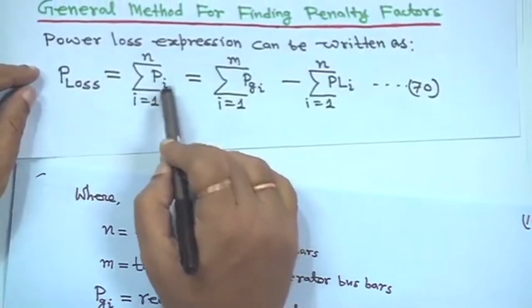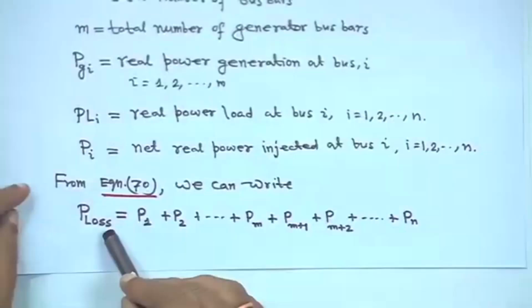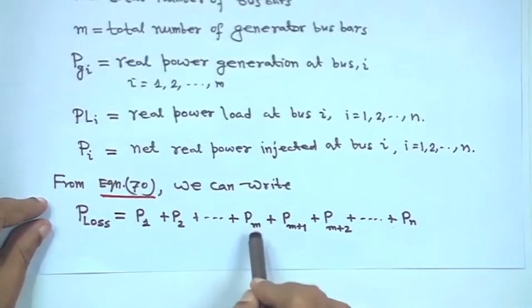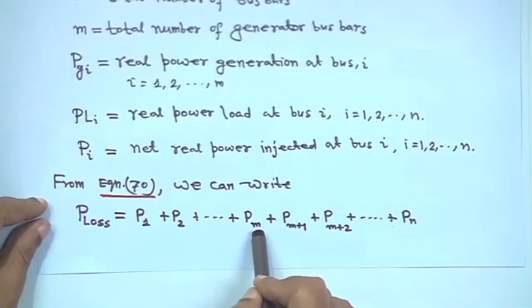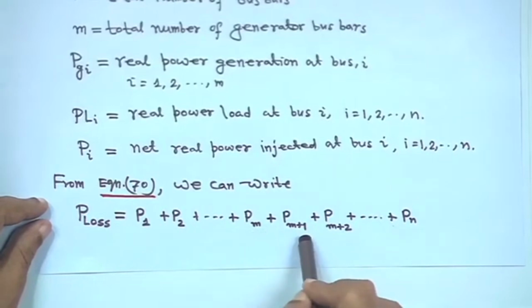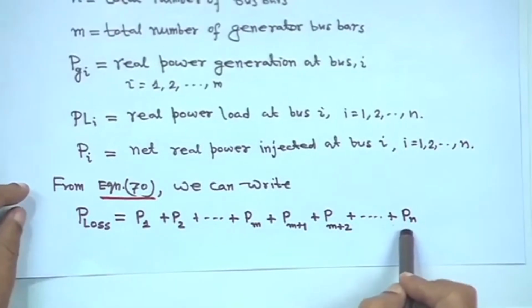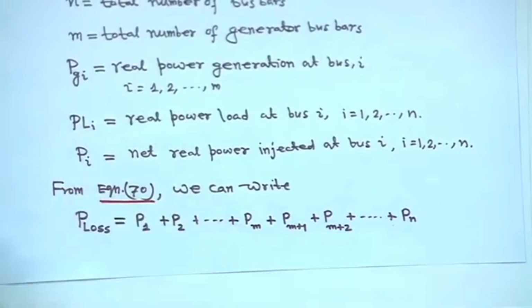That means P loss is equal to P 1 plus P 2 plus up to P m, since you have m number of generator buses, plus the next terms P m plus 1 plus P m plus 2 up to P n. This is that P loss.